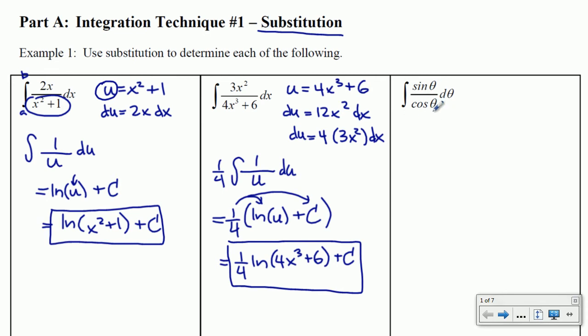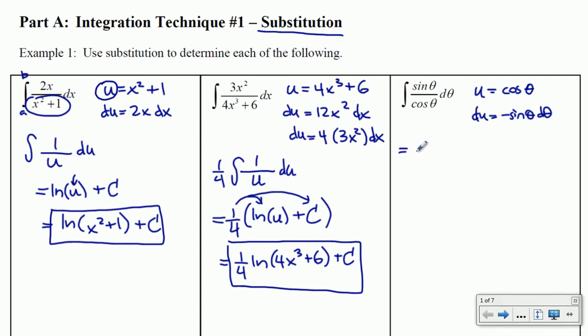I'm going to try again substituting the denominator because that seemed to be working for me the last couple times. So I'll substitute cos theta, and then du would be negative sine theta d theta. So I see a sine theta d theta, but the negative is missing. So basically what I can do is say sine theta d theta equals negative du.